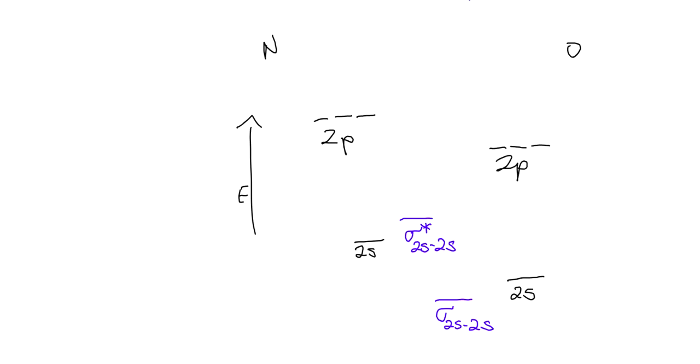So in this case, when I generate my sigma 2p, 2p, and then I have my pi 2p, 2p. Each one of them is my pi 2p, 2p. I'll just put one in the center.